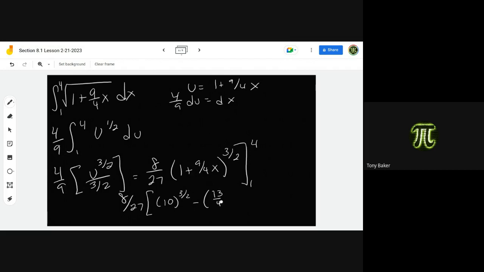So I have 13/4 to the 3 halves. And there's not much simpler you can write it. The book breaks it down into 10 square root of 10 and things like that, but you really don't have to.